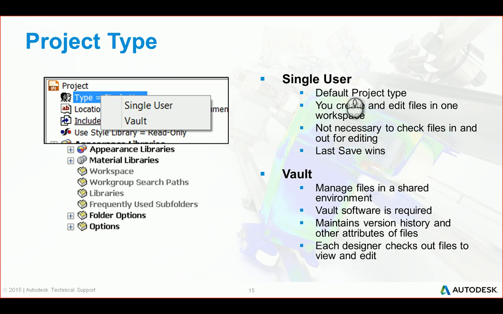What this does is it helps with file management for purposes of Vault. One of the things that you're going to want to do, and we're going to go over this in the options, is make sure that you have your names being unique, and this will help a lot.